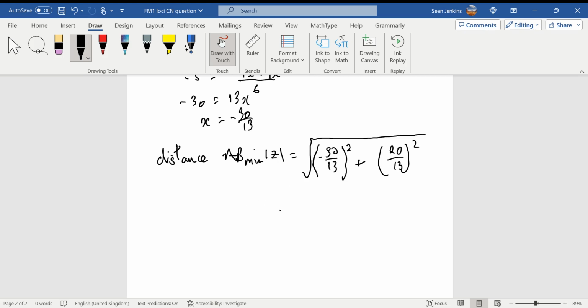And that implies that the minimum distance is equal to 10 root 13 over 13. And this is your D min. Okay, and that's it.